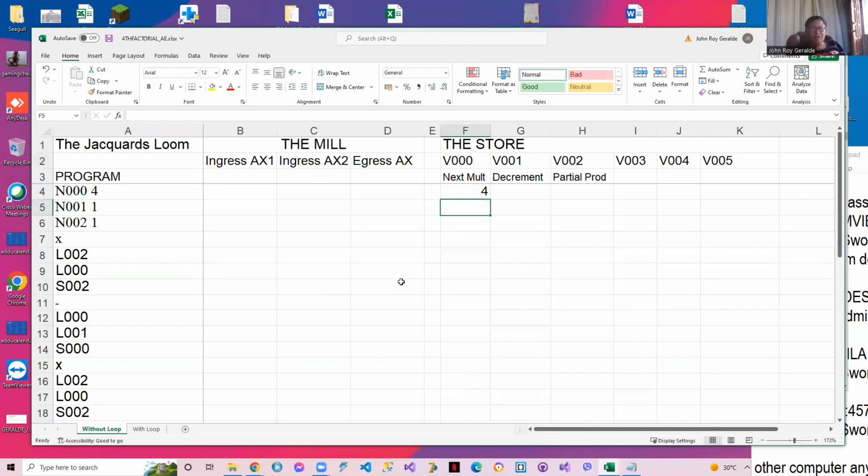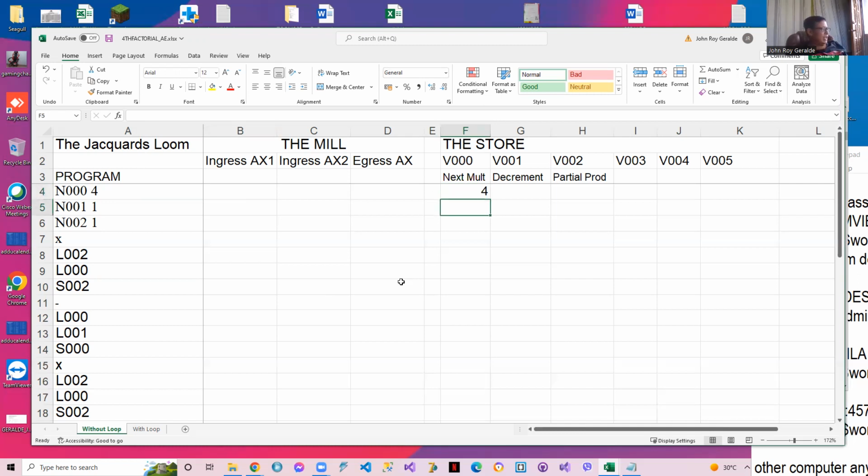Do you follow? They are correct, no? The third factorial is 6. 3 times 2 times 1, okay? When you say N004, we mean that variable 0 will have a value of 4. Okay, it's an assignment statement.